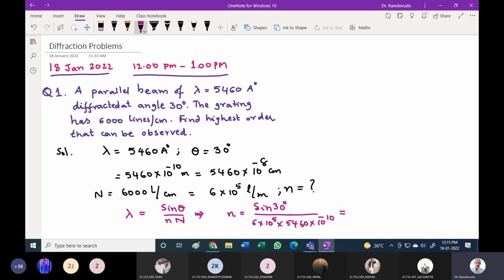So if you simplify, how much are you getting? Can you tell me? What is sine 30? 1 by 2. So simplify this, how much am I getting now? 1 by, 2 into 6 into 5460 into 10 to the power, I have minus 5. 1.52, sir.